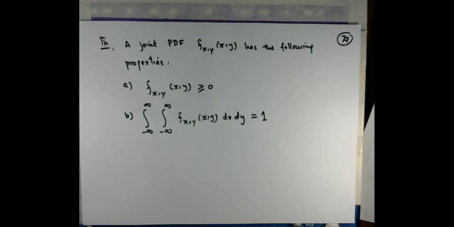And if you want to find the probability of a certain event A, which is some part of the total distribution, you simply integrate on that particular area the total distribution, and then you obtain the probability of that area. So that should not be difficult. I'll now solve two examples so that you can have some more understanding of the concepts of joint distributions discussed as yet.